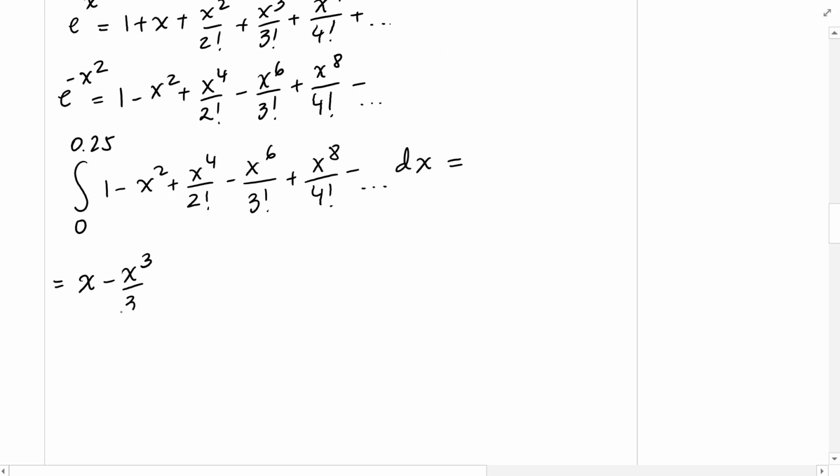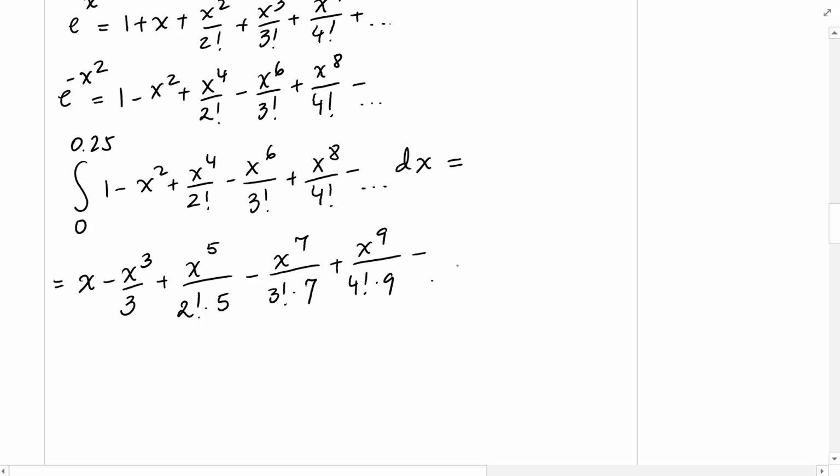It's x minus x cubed over 3 plus x to the 5th over 2 factorial times 5 minus x to the 7th over 3 factorial times 7 plus x to the 9th over 4 factorial times 9 minus dot dot dot, everything evaluated from 0 to 0.25. And if we evaluate, well, we are lucky we have from 0 to 0.25, so we'll just evaluate the upper limit.